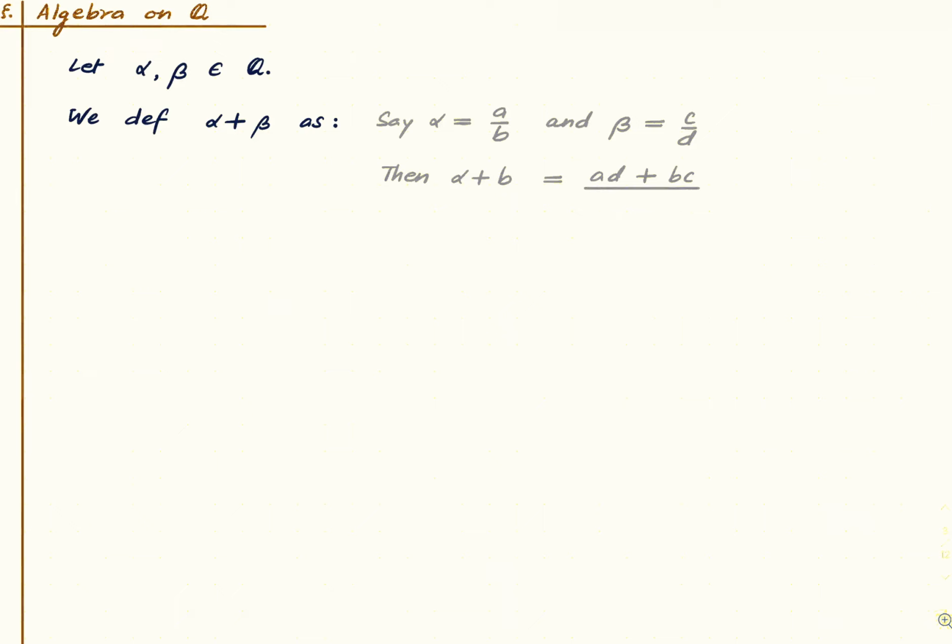We define alpha plus beta as follows. Say alpha is equal to a by b and beta is equal to c by d. Then alpha plus beta is defined as (ad plus bc) upon bd.